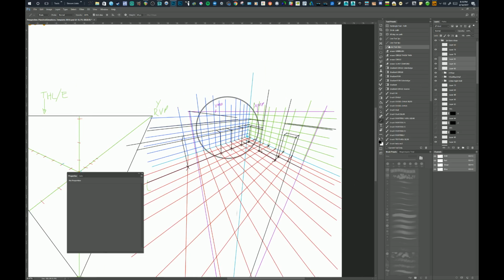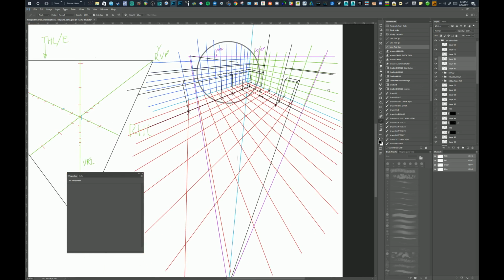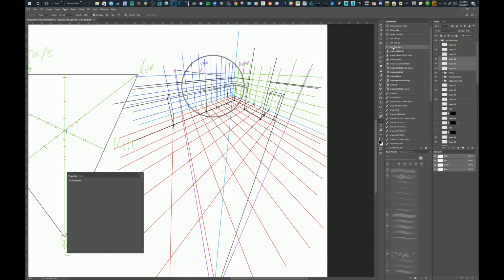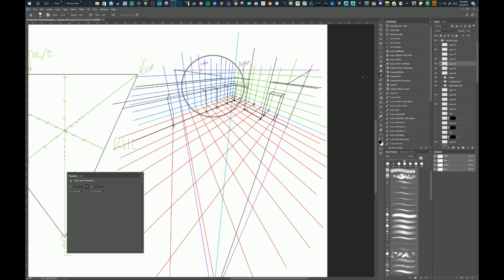Okay. All right, so you know where that's gonna stop. So we'll bring this forward at that location. And this will give us our front edge of these cabinets. And then we can erase behind them and in front.